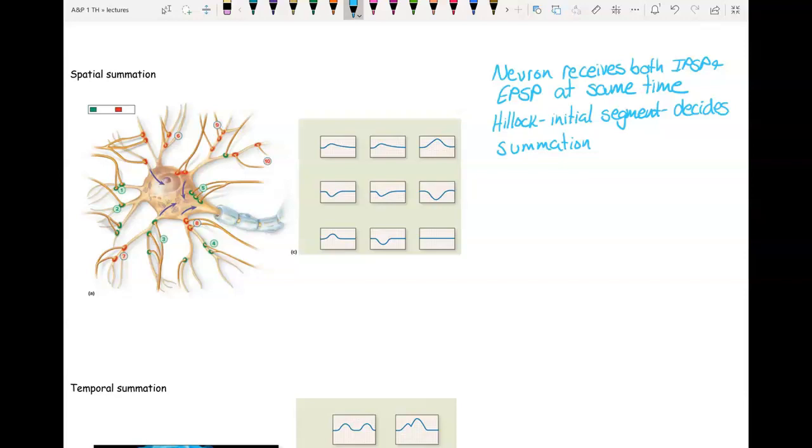The hillock is basically adding up all those local potentials.